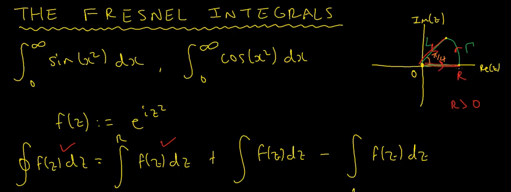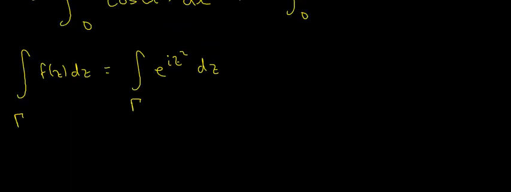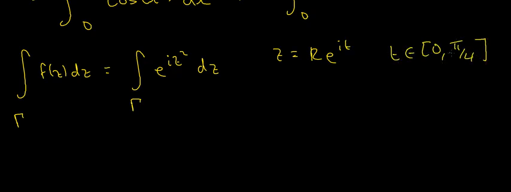So at this point on the real line it's going to have t equals 0, and when I rotate all the way around r e to the it, at t equals pi over 4 I'm going to reach this point here. So let me write that down. I'm going to make the substitution z equals r e to the it, and I want t to vary between 0 and pi over 4, so it traces out the relevant segment.